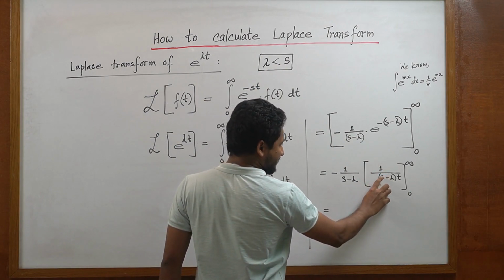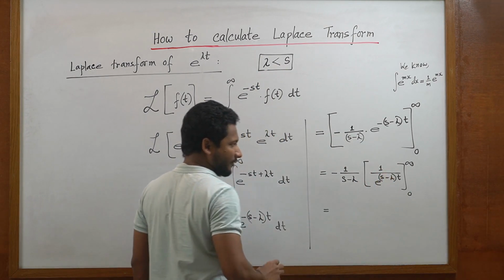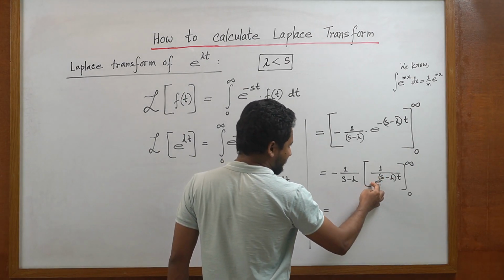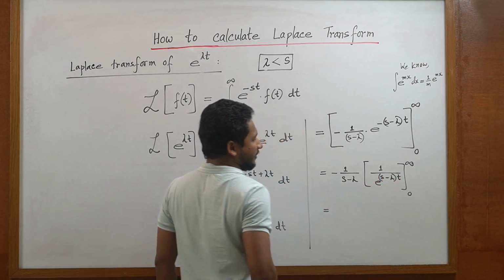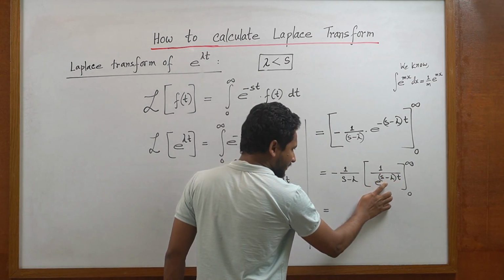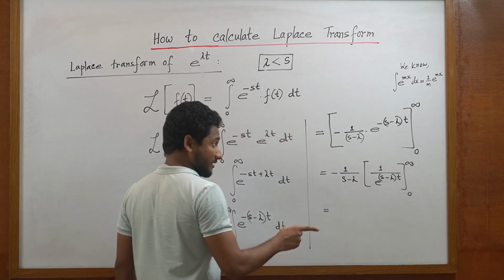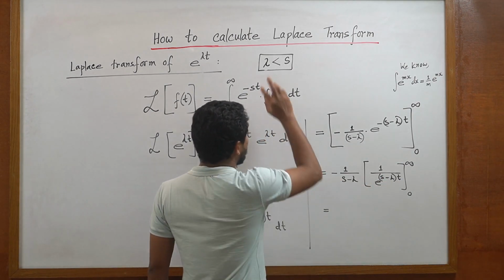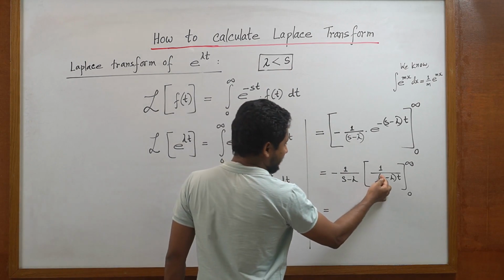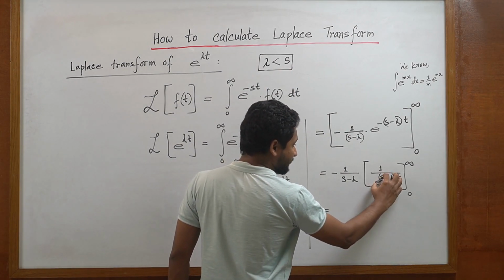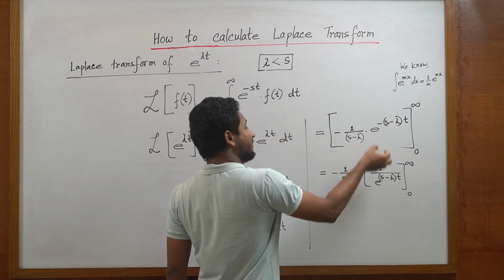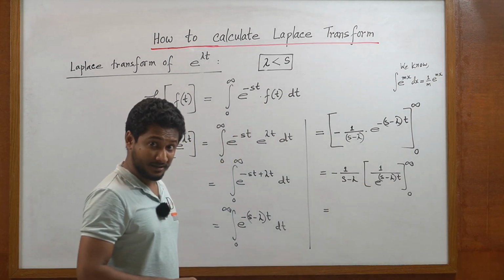If lambda is less than s, then s minus lambda is positive and e to the power s minus lambda t will be in the denominator. But if lambda is greater than s, then this term will be negative and this function will be in the numerator.